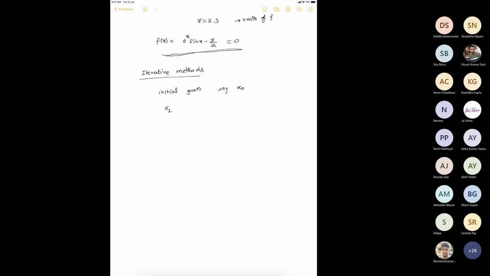Then we use this iterate to generate the next iterate. So basically, we will be generating a sequence of iterates. And what are the iterates in this case? This is nothing but the approximation of the root. Let's say the exact root is x star.